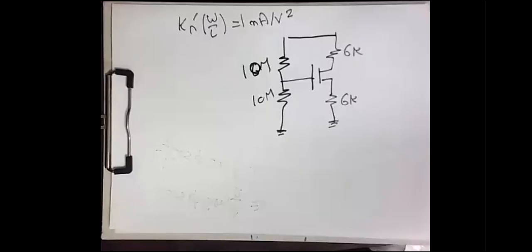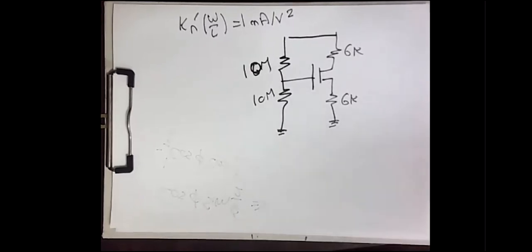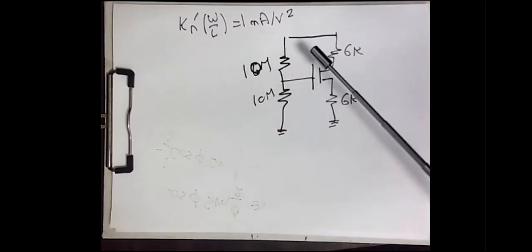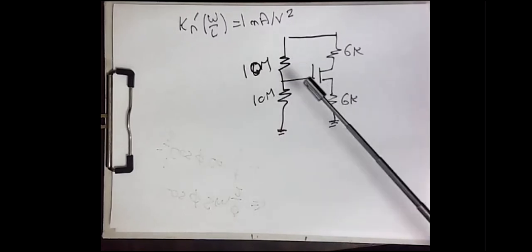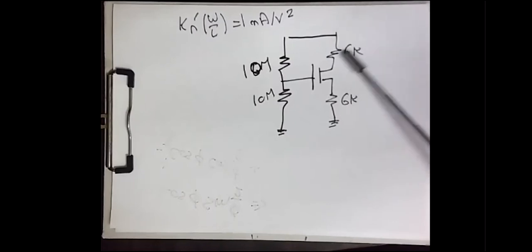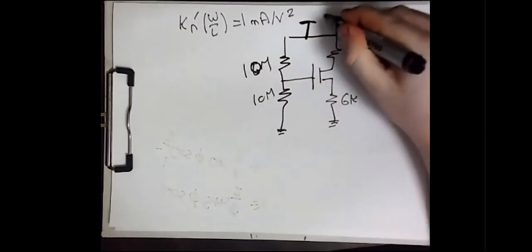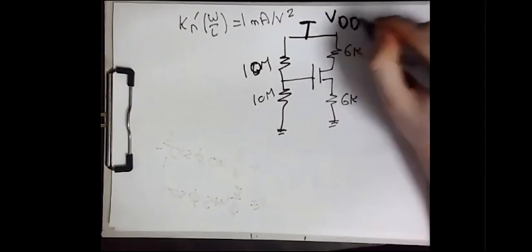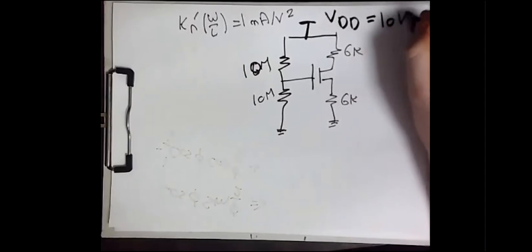Okay, perfect. Back to our whiteboard, and this is the circuit we are going to demonstrate in this example. Again, we have two resistances here, 10 mega and 10 mega. This is the gate voltage, this is the source, and this is the drain. 6K resistance, 6K resistance, and I forgot to mention that we have here VDD, which is 10 volts.